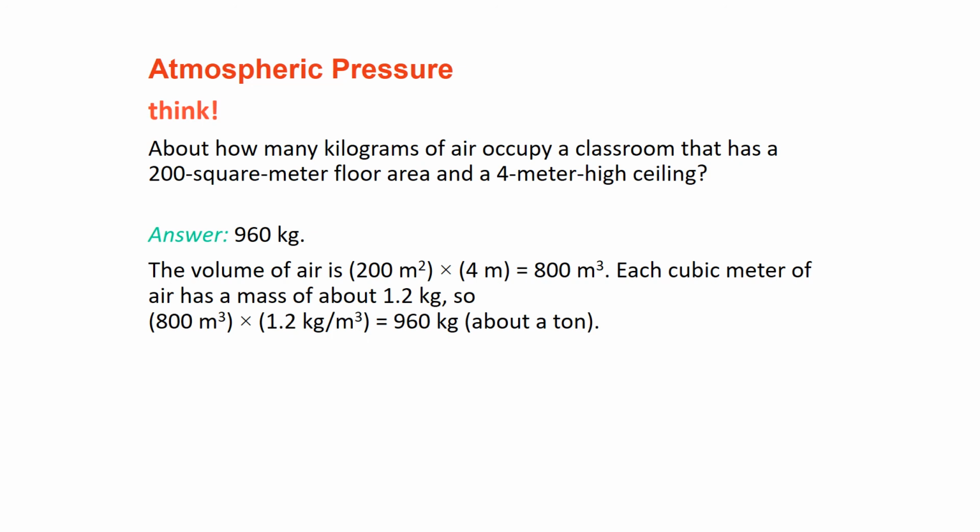Each cubic meter of air has a mass of about 1.2 kilograms. So 800 cubic meters multiplied by the density of 1.2 kilograms per cubic meter gives us 960 kilograms, which is about a ton.